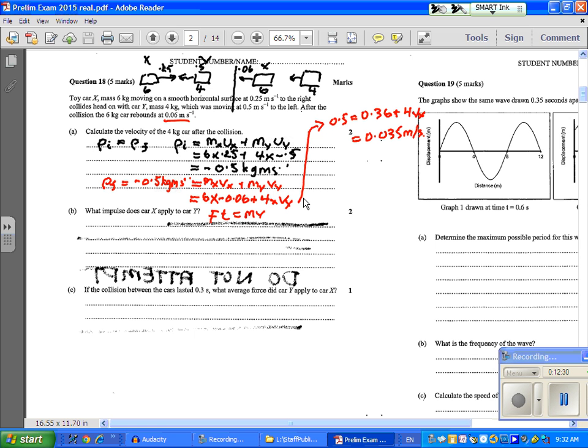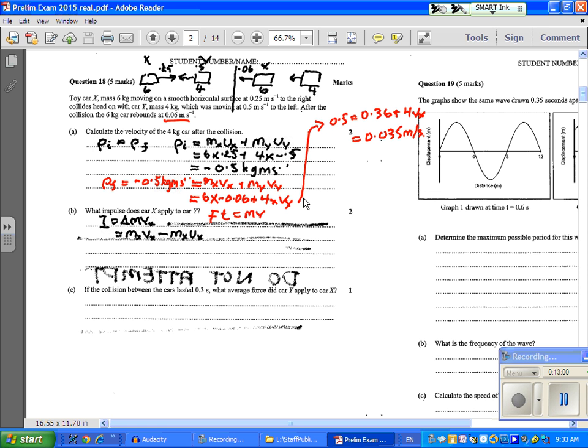A lot of people try to work out the force and the time and all that sort of stuff, but all I'm worried about in this equation is I equals the change in momentum of car X. For car X, that means what we're looking at is mx vx minus mx ux. What I'm saying is the final momentum less the initial momentum is the impulse.